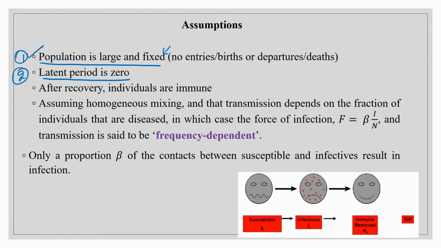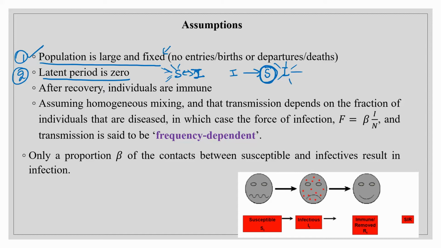That means that as soon as the susceptible population comes into contact with the infected population, they start spreading the disease. Suppose that I am infected, and I come in contact with some healthy individual, say S, then it will also become infected. Now it can immediately transmit the disease. So it is saying that the latent period is 0.